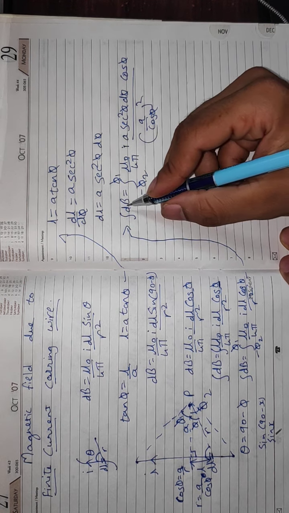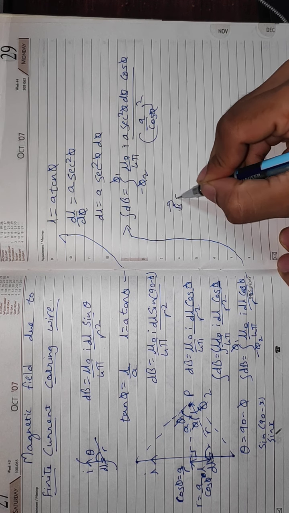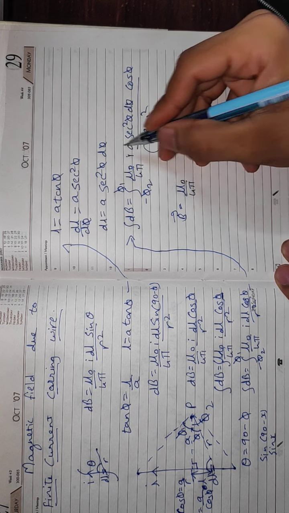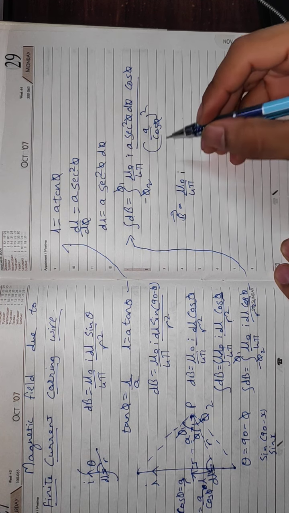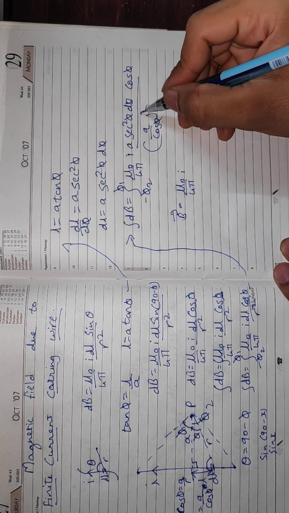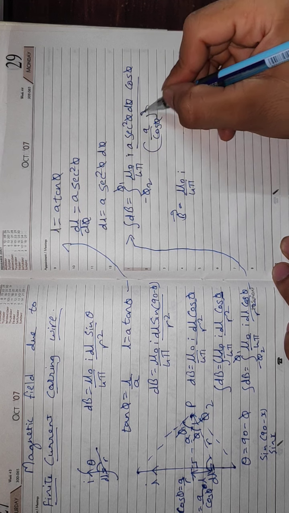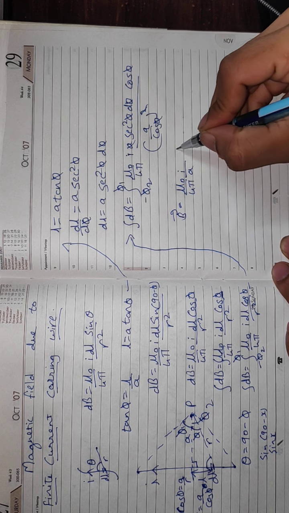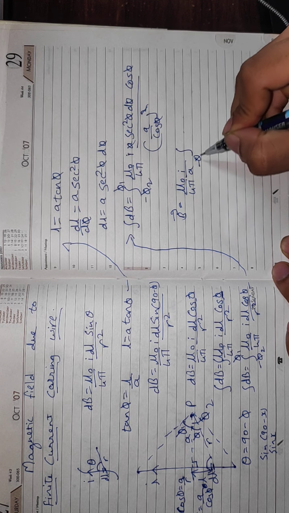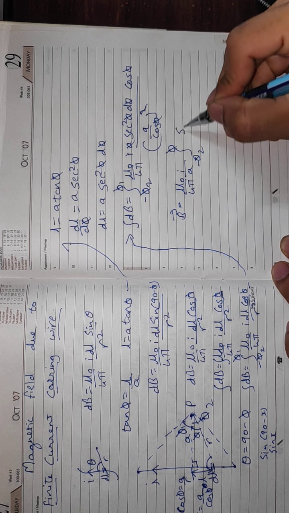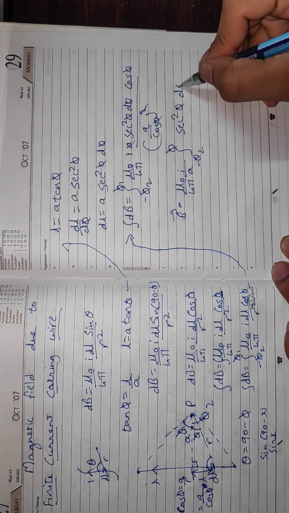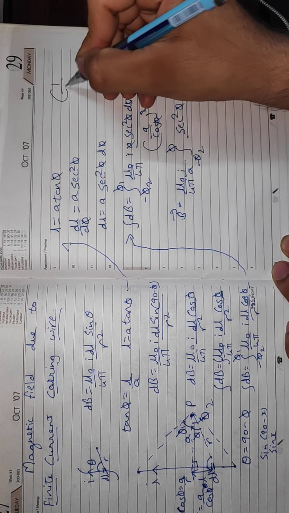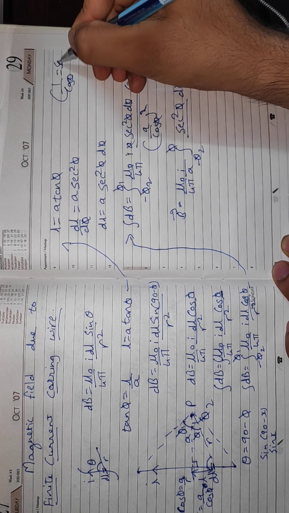Now integration of dB means B. Mu 0 upon 4 pi is constant, I is also constant. Here as it is squared, one a will remain in the denominator and one a will be cancelled, and that is also constant, so I can take it outside. Now inside I will write minus phi 2 to phi 1, sec square phi d phi cos phi, whole upon, I can write 1 upon cos phi is equal to sec phi.